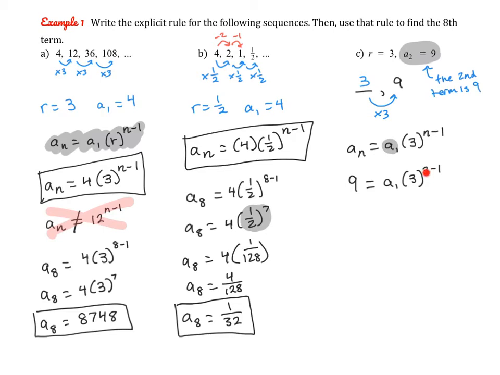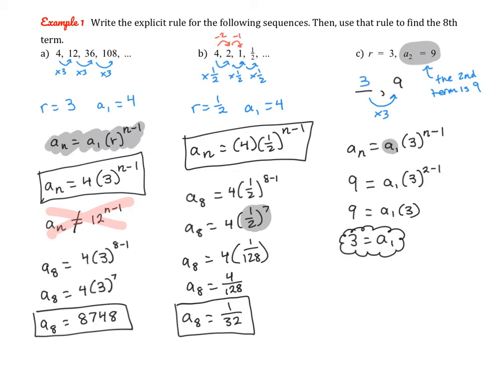So when n is 2, our term is 9. And now we can simplify to solve for a sub 1. So here we get a sub 1 times, this is essentially just 3 to the power of 1, which is 3. And then if we divide both sides by 3, we get a sub 1 equals 3. So again, this is just a different way you can find the first term if you are not given it. Although we do need to know some piece of information about the sequence in order to do this.